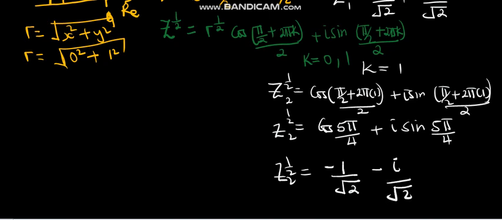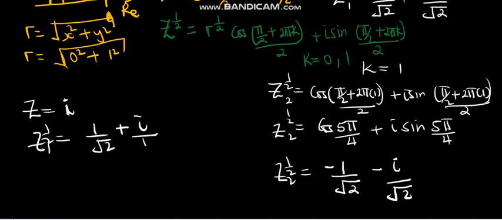We shall conclude that the square roots of z, where z is equal to i, we shall have the first root as 1 over root 2 plus i over root 2. Also z2, which is the second root, will be negative 1 over root 2 minus i over root 2.